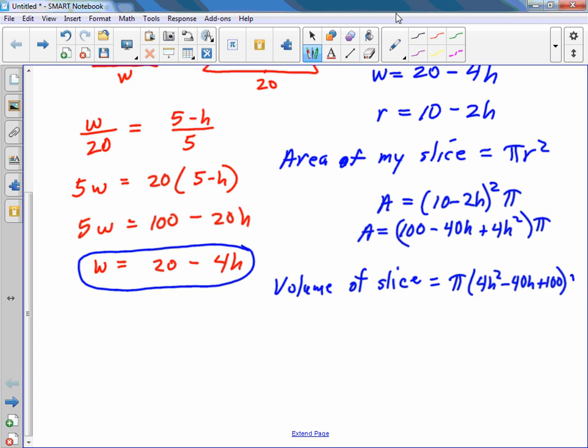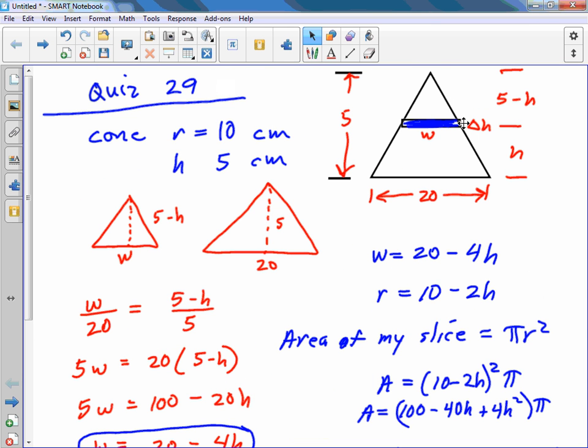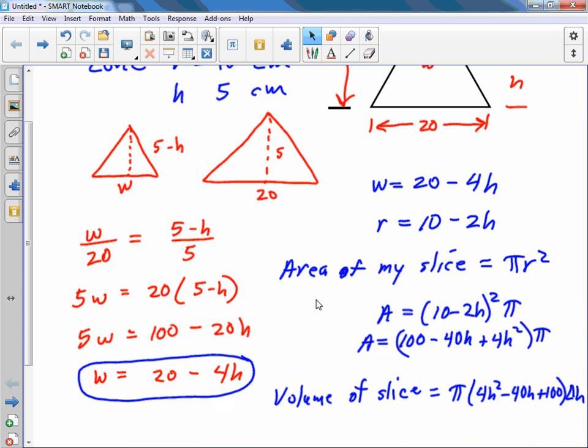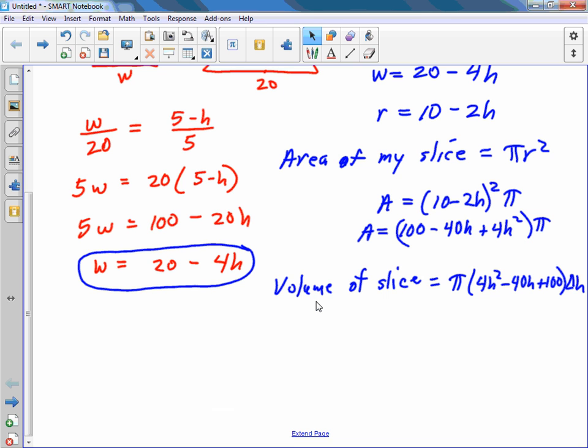Delta h. I'm just going to put delta h for now because that's how I labeled it, and that's how I think of these. Okay. So now we're getting even better. We have this slice that's starting to turn into a disc, right?